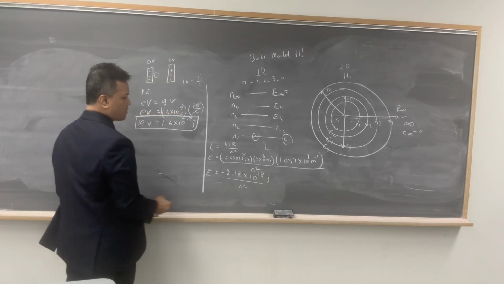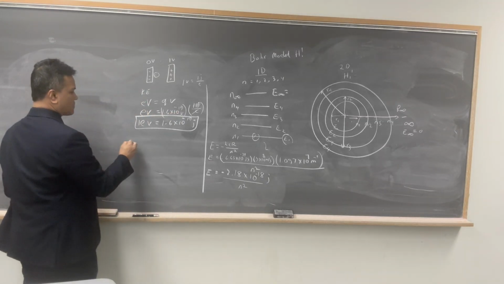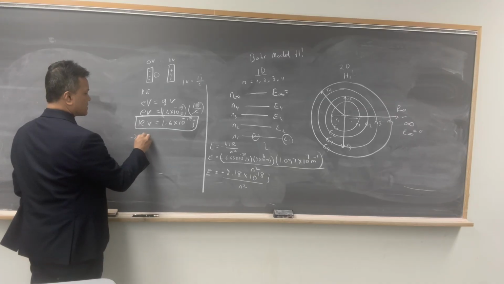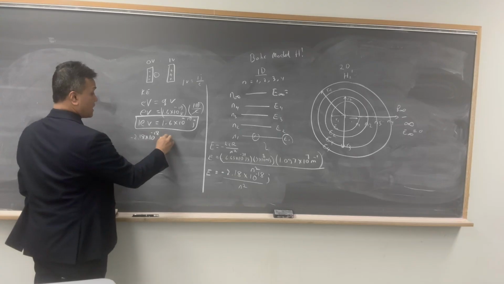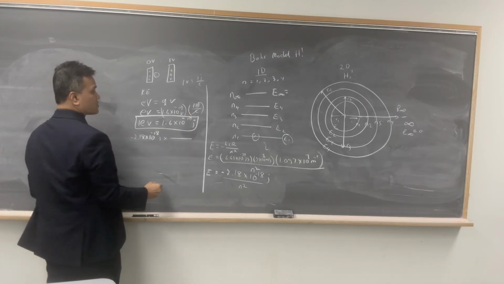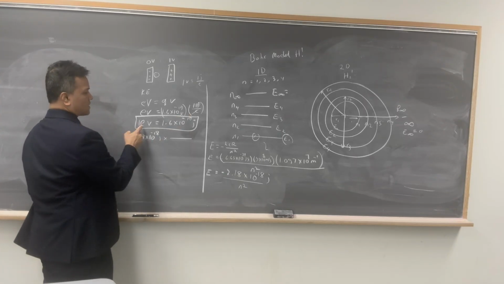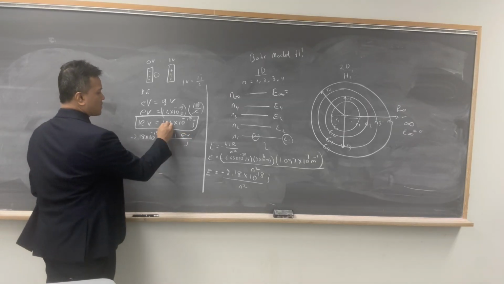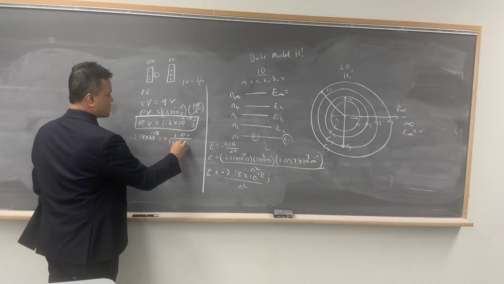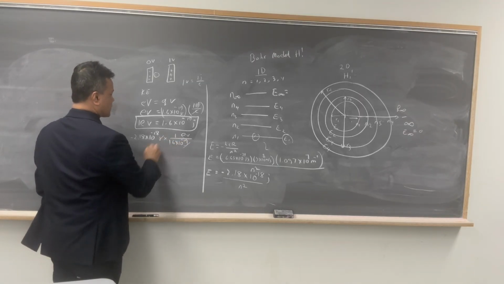Now we're going to convert this to electron volts. You have negative 2.18 times 10 raised to negative 18 joule, times what you just discovered: 1 electron volt is 1.6 times 10 raised to negative 19 joule. The joules cancel.